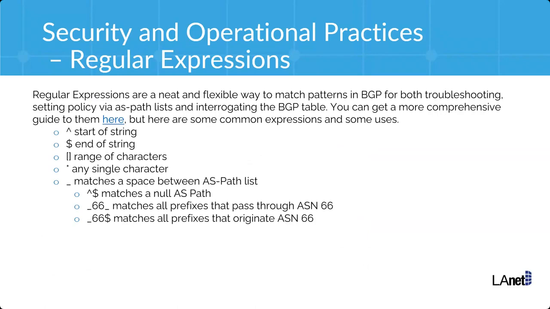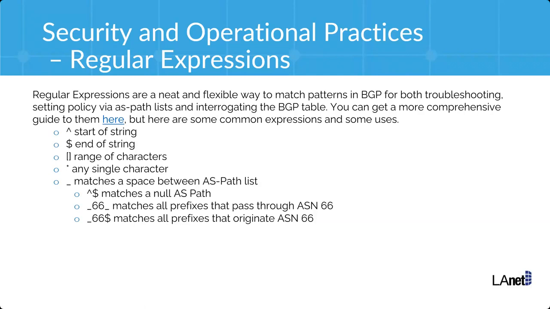What are they? It's kind of a flexible way to do advanced pattern matching in BGP. You can do this for troubleshooting or setting policy via those ASPath filter lists or interrogating a BGP routing table, right? I have a link in here to a very comprehensive guide on how to write them and all the flexibility you get with regular expressions. There's dozens of unique characters that can have different pattern matching capabilities.